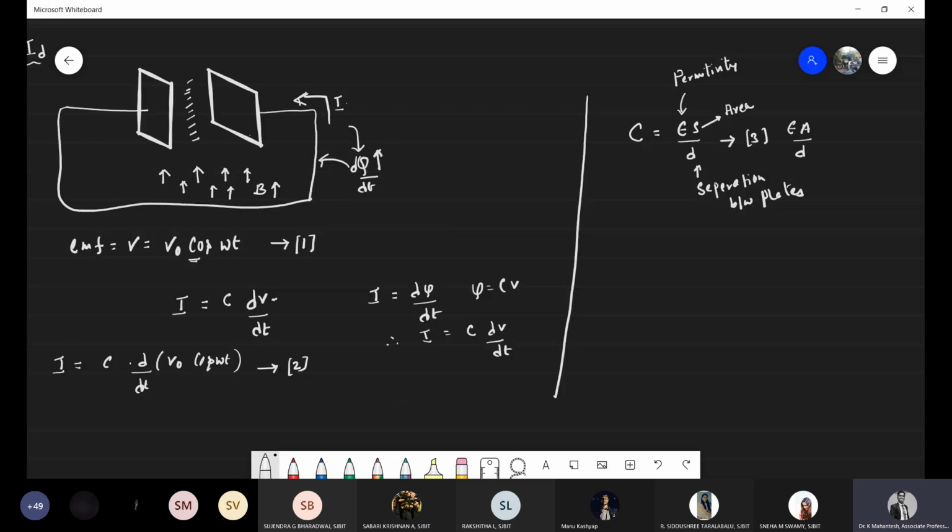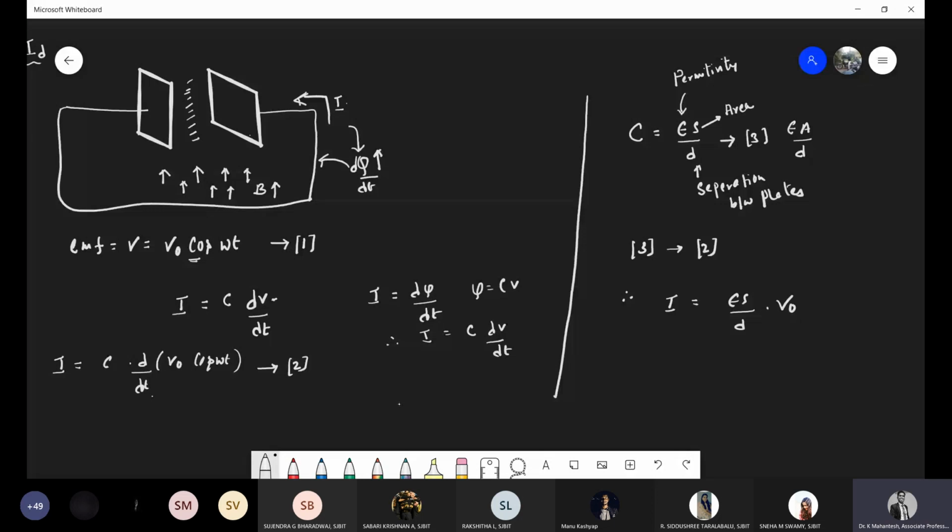Now substitute equation 3 in 2. Therefore, I get I is equal to epsilon S by D into V naught d by dt of cos omega t.